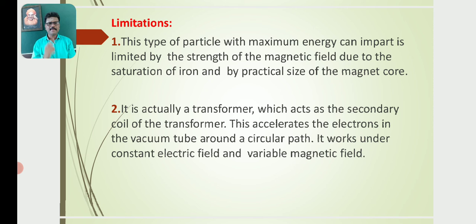Second, it is actually a transformer, which acts as the secondary coil of the transformer. This accelerates the electrons in the vacuum tube around a circular path. It works under a constant electric field and a variable magnetic field. So this is another limitation of Betatron.